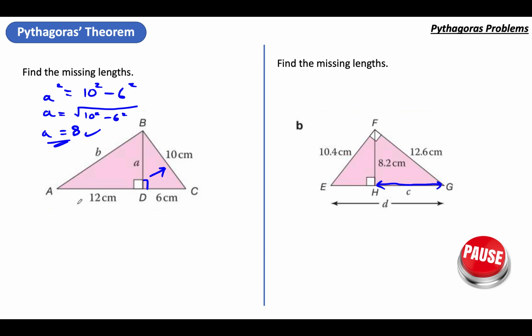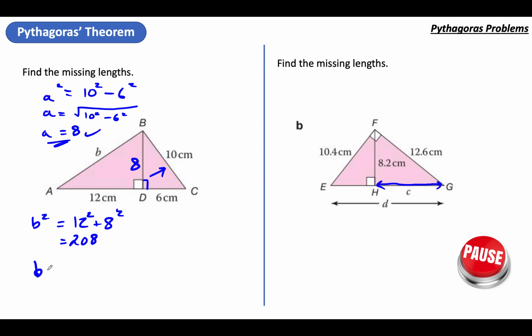We've got that, tick. I know that is now 8. I want to find B. This is again straightforward Pythagoras. B squared is one short side squared, the other short side squared, added together. So that's 12 squared plus 8 squared equals 208.